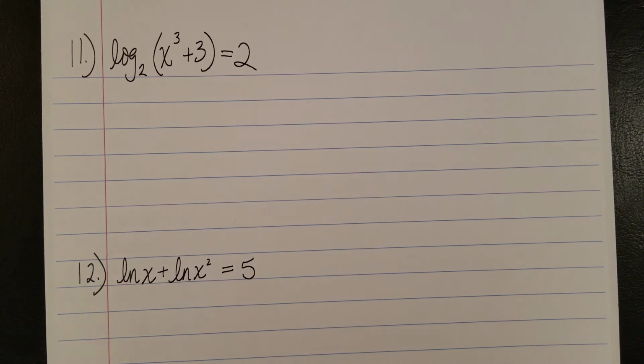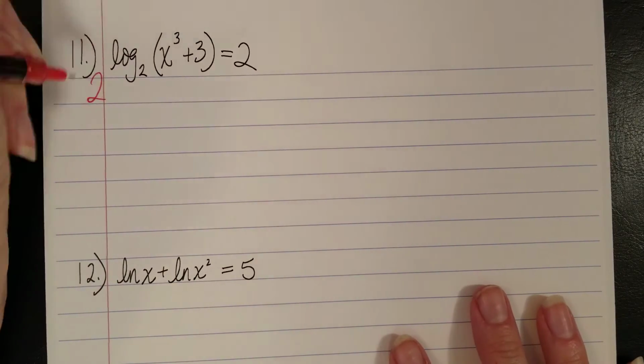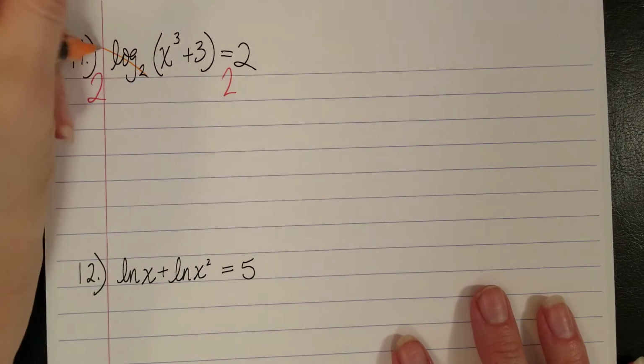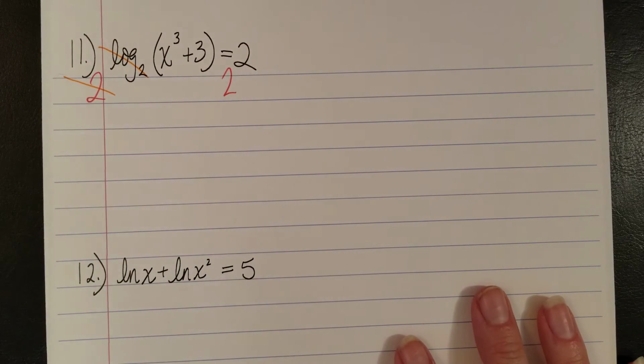Number 11, we have log base 2 of x cubed plus 3 equals 2. Because the log has a base of 2, I'll have a 2 here and a 2 there, and that'll let me cancel out the 2 with the log.